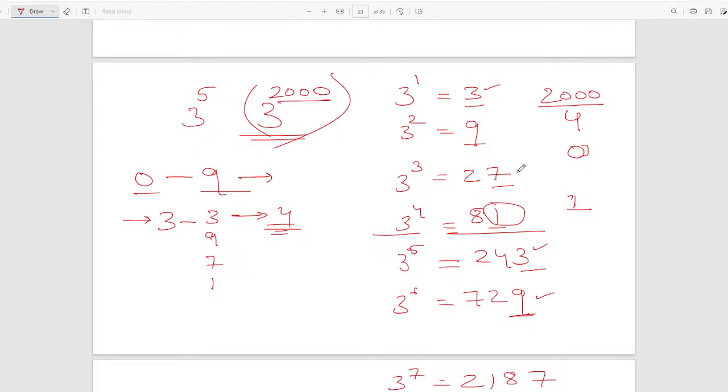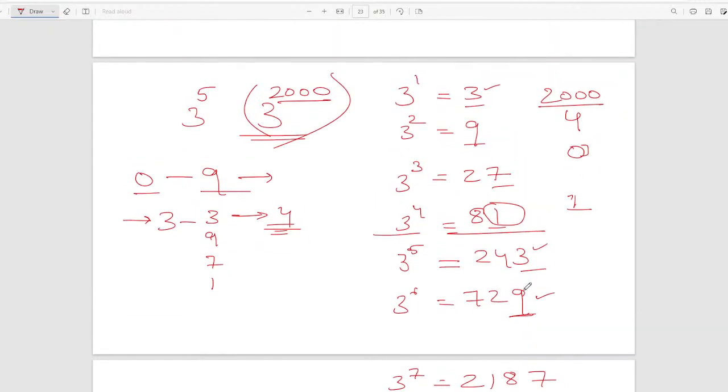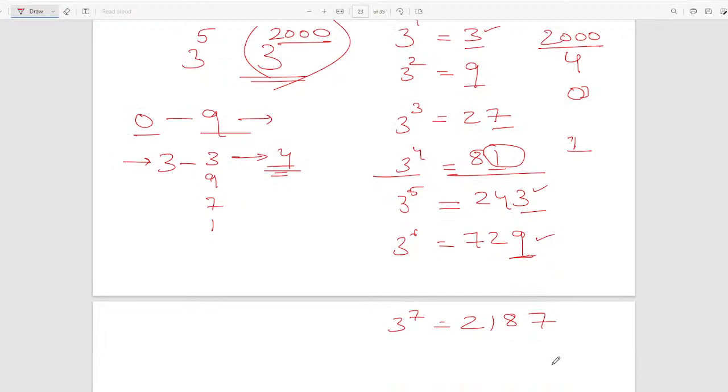3971 will keep repeating. 3 raised to 7 is 2187. So 3971. And then 3 raised to 8, 2187 into 3, would be 6561. Again, this is 1. So 3971. So these numbers repeat.